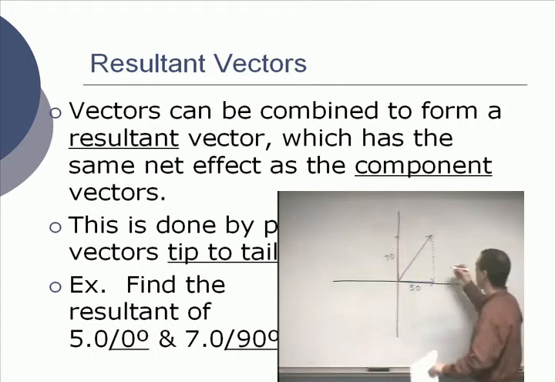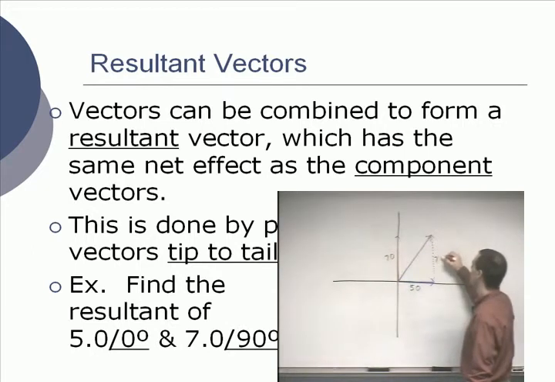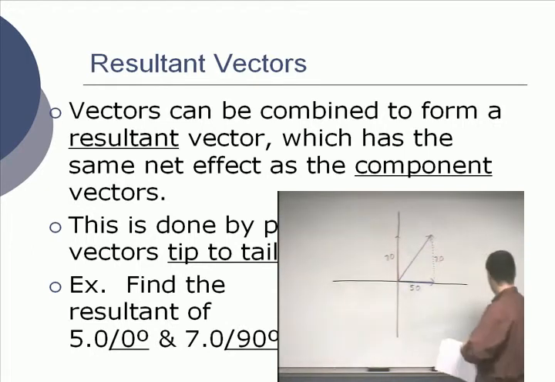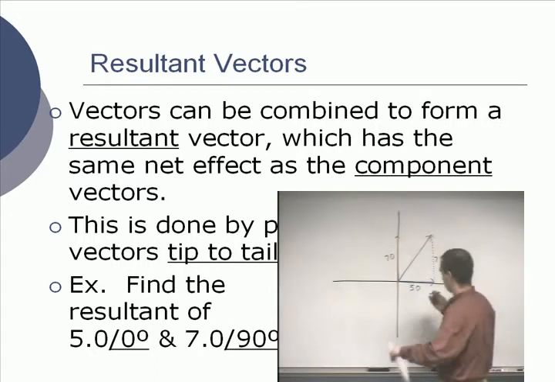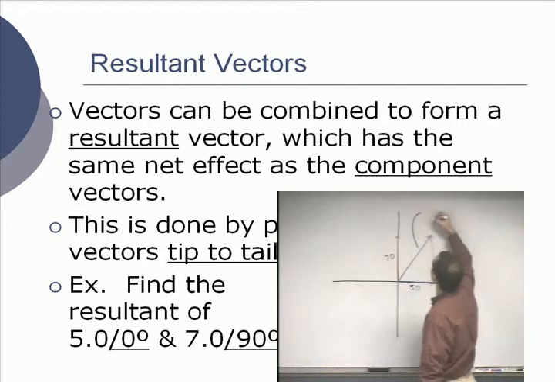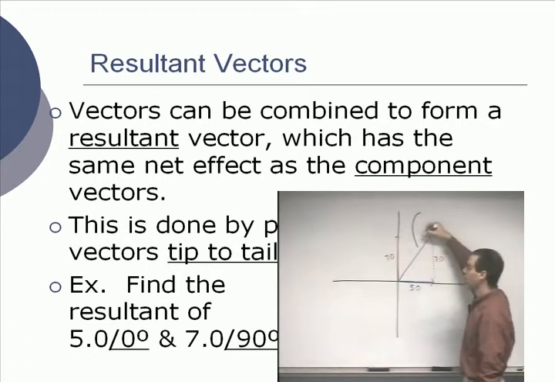So we know that our legs have magnitude 7 and 5. We'll call our resultant vector r.